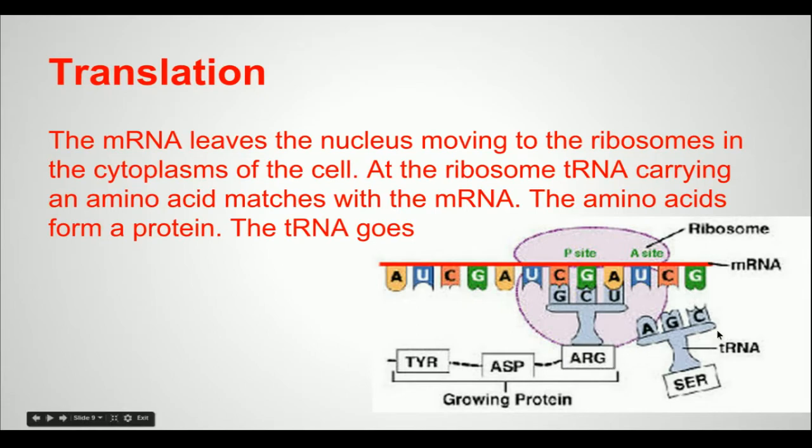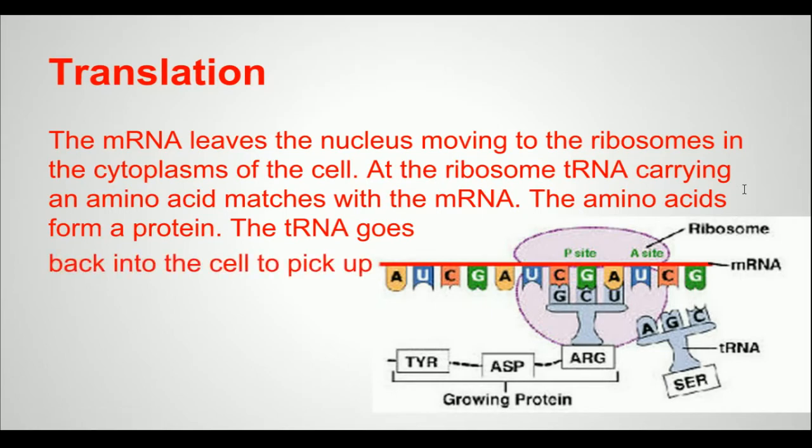So the tRNA comes in, it matches up to the messenger RNA, and that attaches the next amino acid into a growing protein. There are start and stop codons also, so that the ribosome knows when to start and when to stop an amino acid.